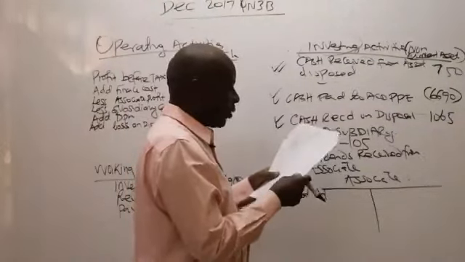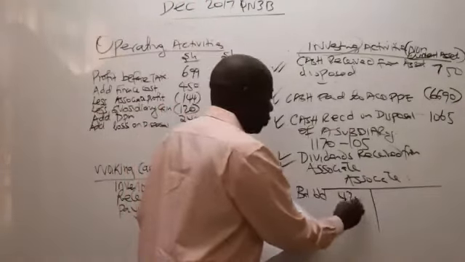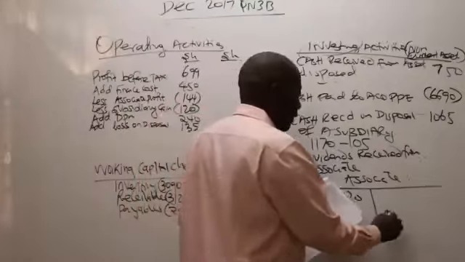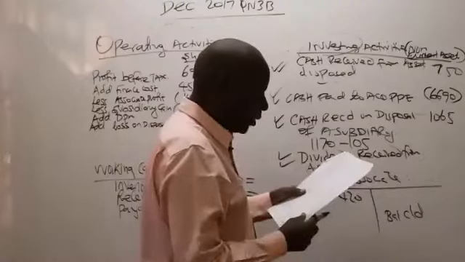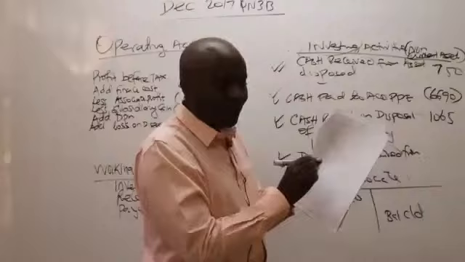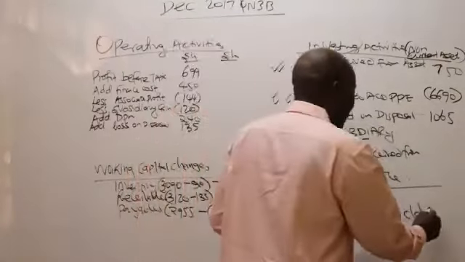The balance brought down in 2016 was 420. And then we have the balance carried down in 2017 for the associate, which is 510.